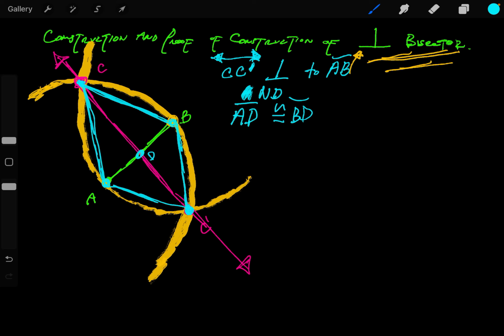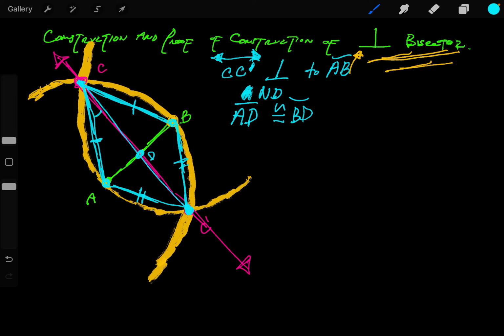Why is that the case? So I say that's true from side. Okay, so this side is the same as this one. This side is the same as the original, but it's also the same as the other one. And then this side, they share. This is segment CC prime. So these two triangles are congruent. That means all their corresponding parts are congruent.